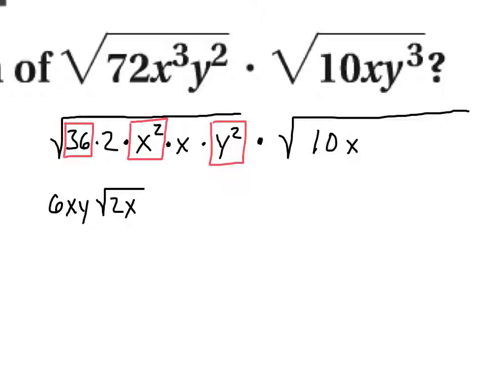Yes. y squared times y. So the only perfect square in that radicand is the y squared. So we get y times the square root of 10xy.